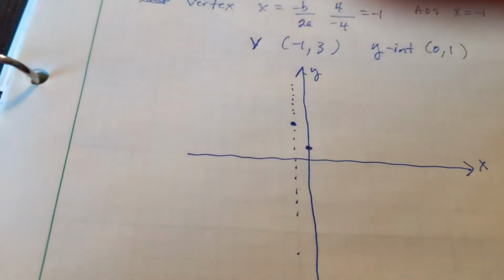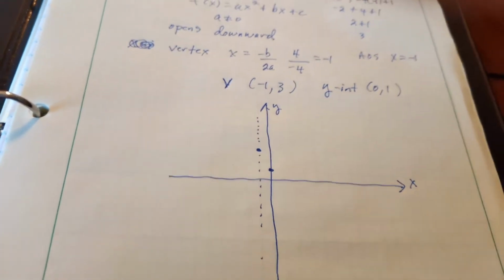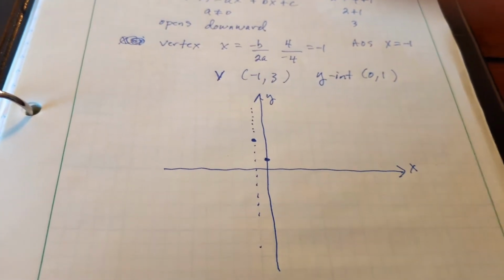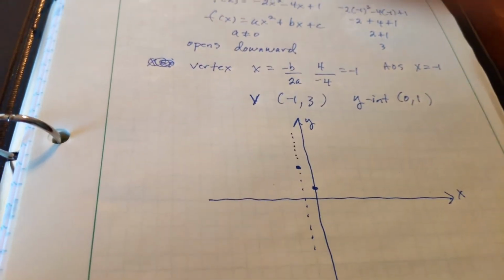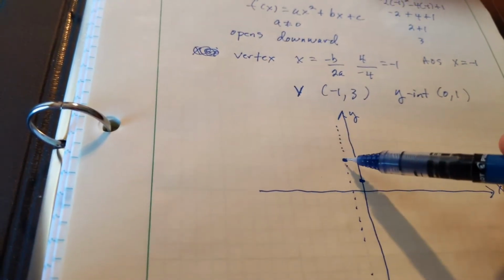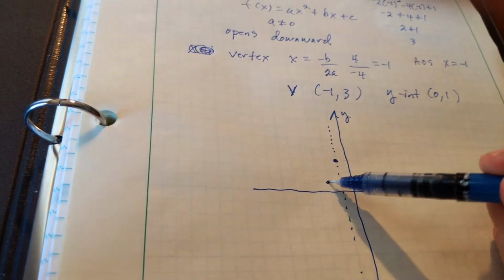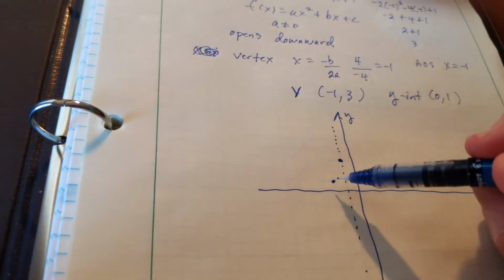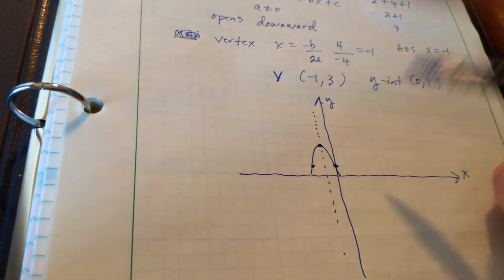And that means that my graph is going to be symmetrical about that. The axis of symmetry is a vertical line that if you were to cut the parabola about that line and fold it, the two halves would match up. So this is the vertex, and since this is symmetrical, I have a point here, and I know I'm going to have a point here also.